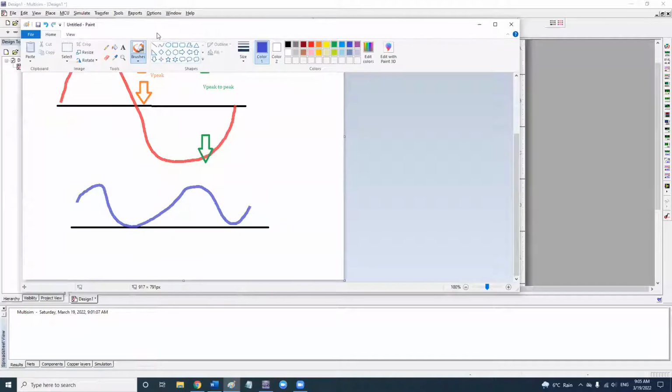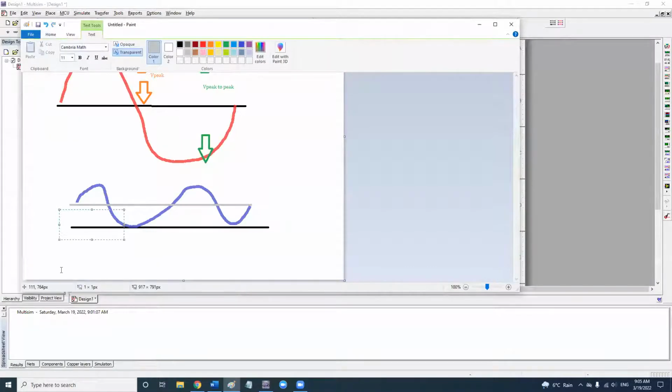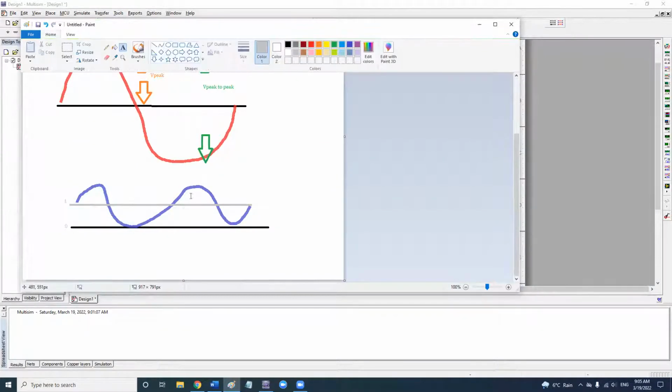This will be your center line now. But this is where the 0 comes from. 0 is still here, so this is your DC offset. Basically, everything shifts up.